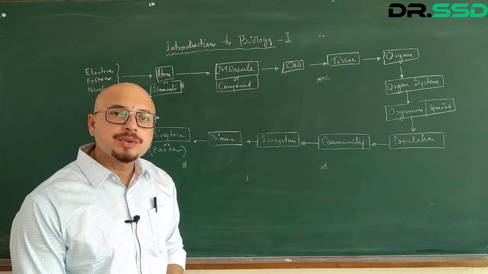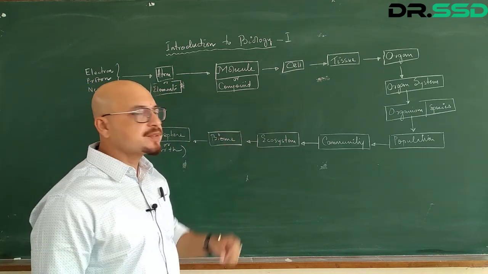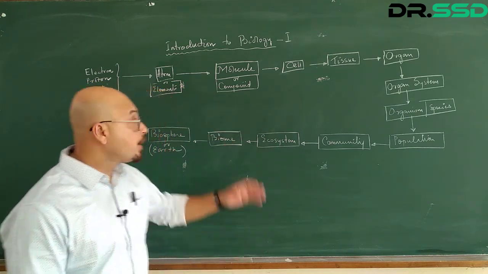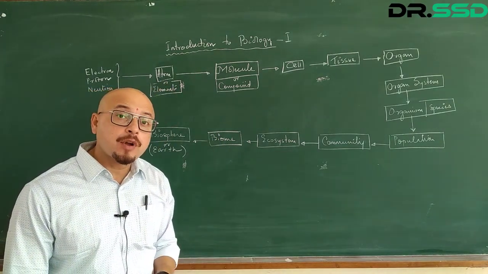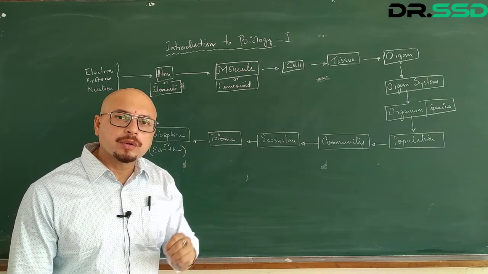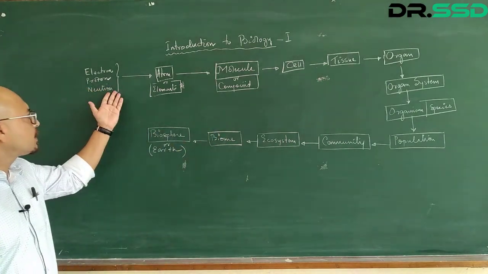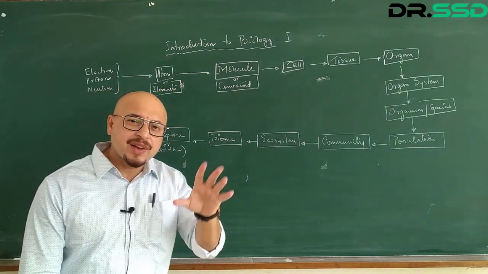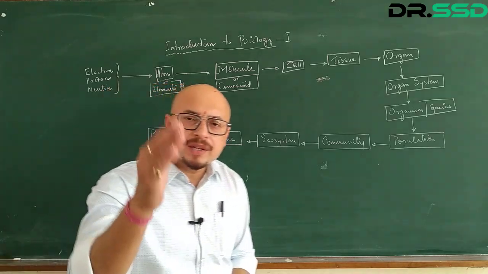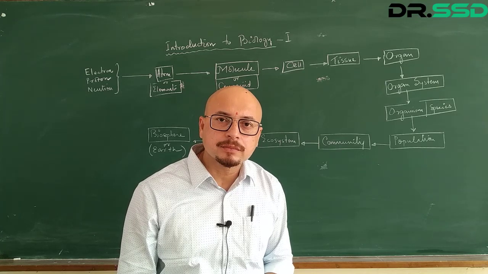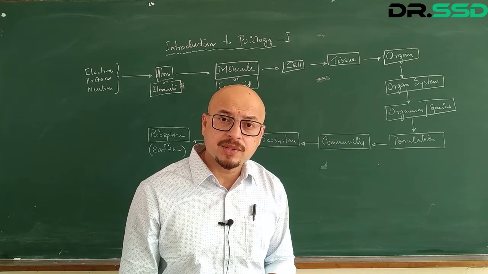From compounds or molecules. Where did these molecules or compounds originate from? From atoms. And where did these atoms originate from? From electron, proton, and neutron. So don't you think chemistry and physics are very much there within biology? Because the moment you study the structure of an atom, it is a chemist who does it.